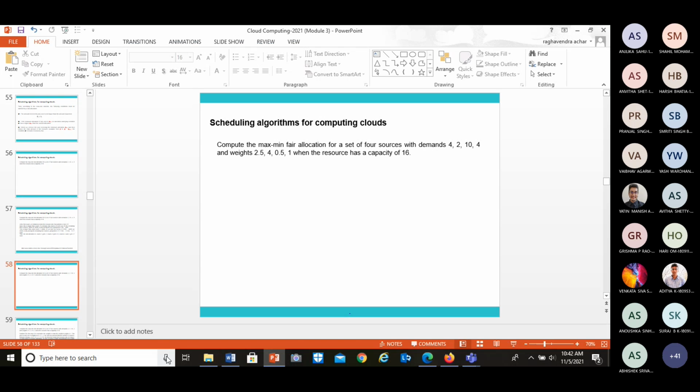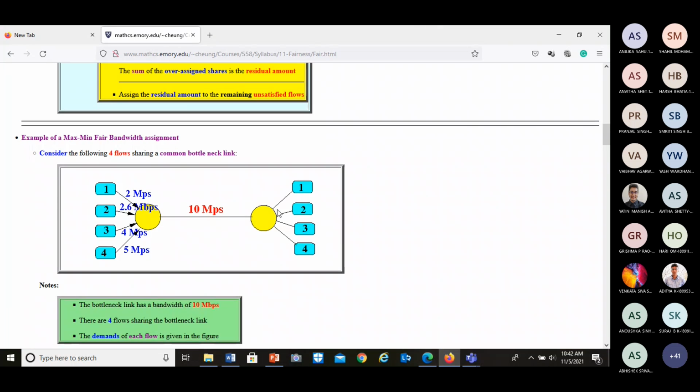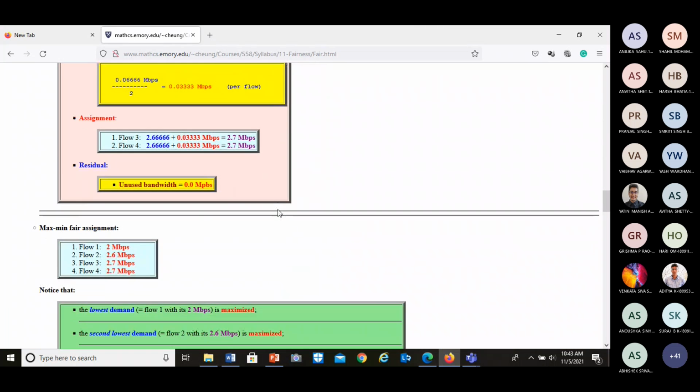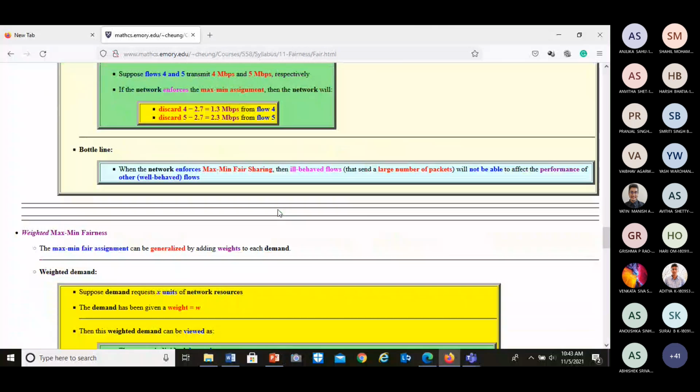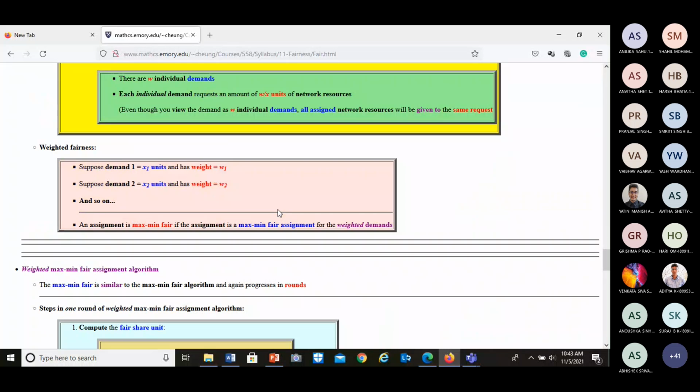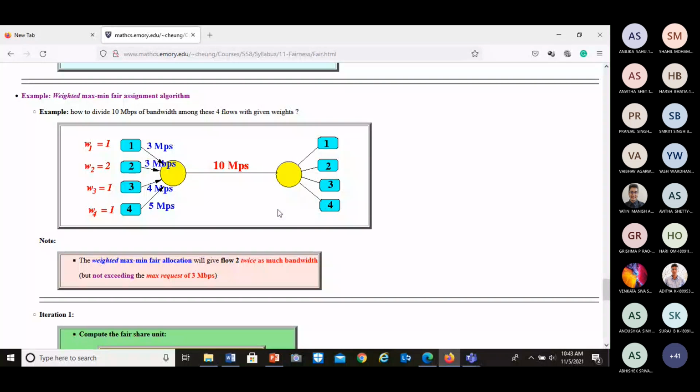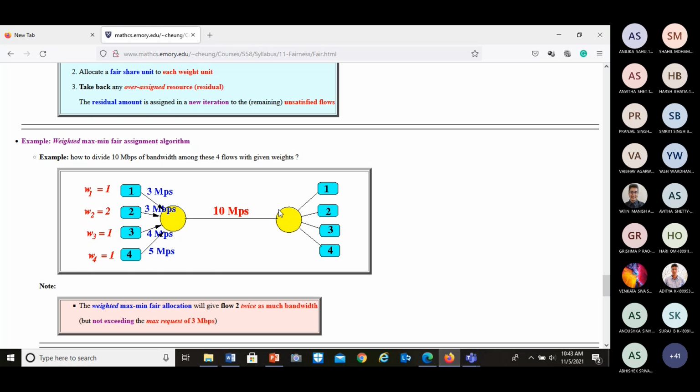On the same site, you will see one more example. Yes, you can see here.